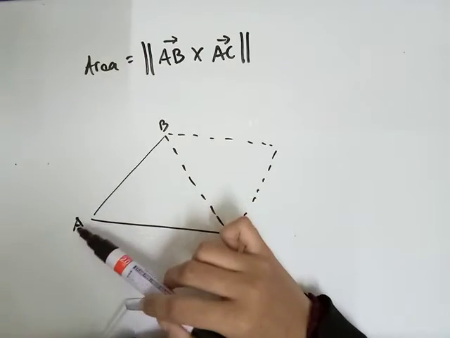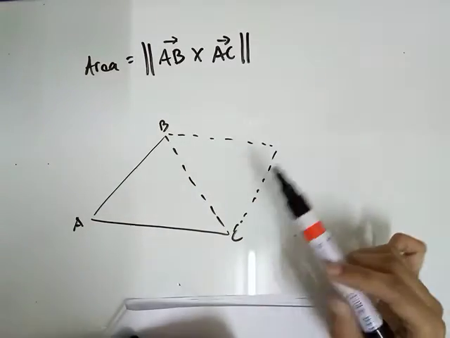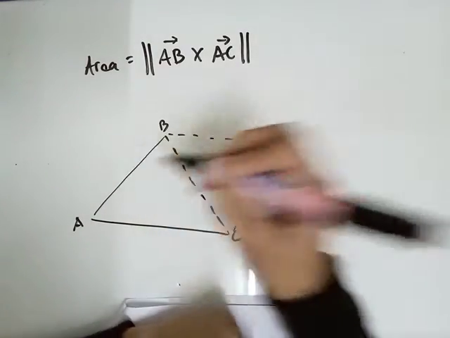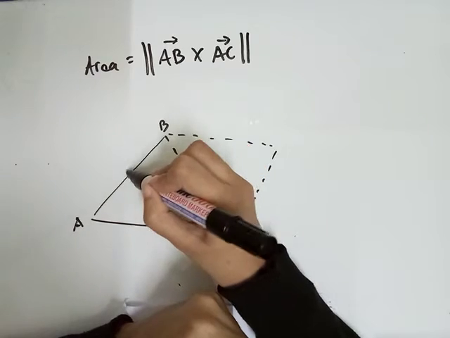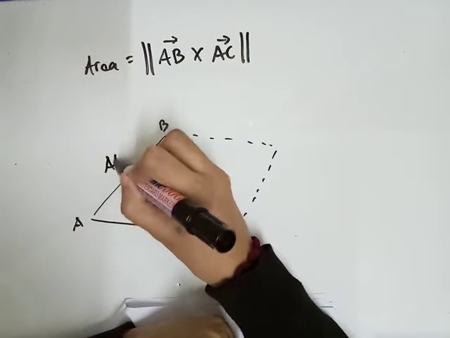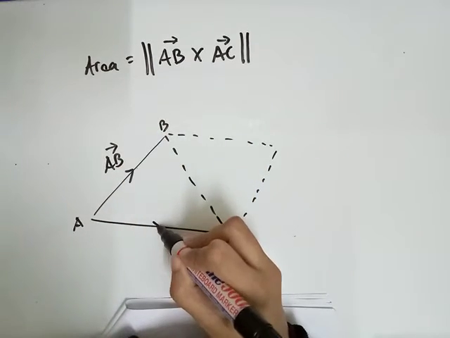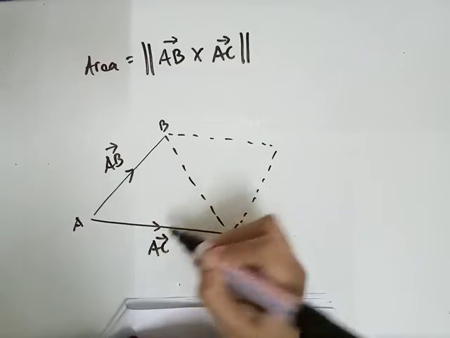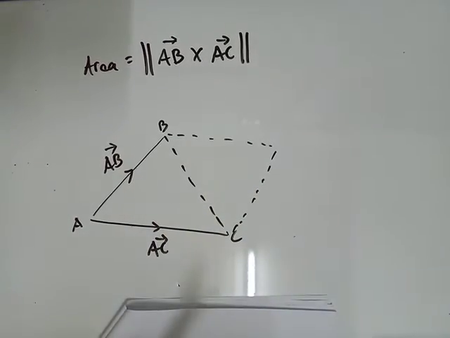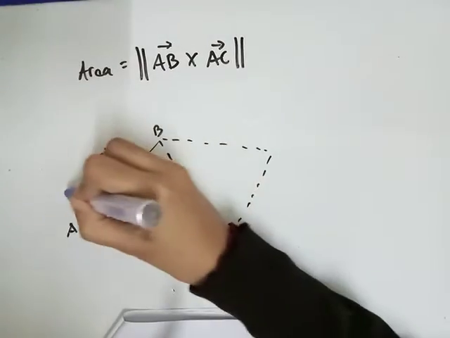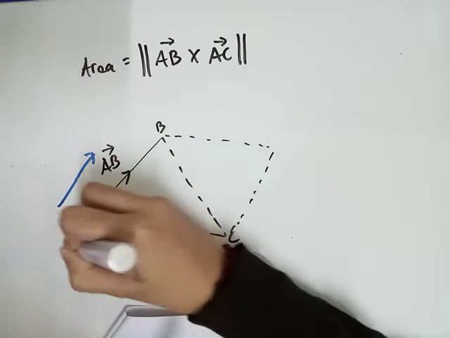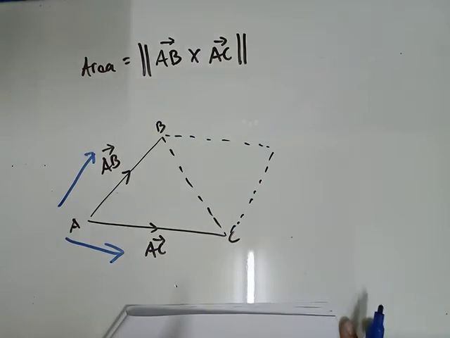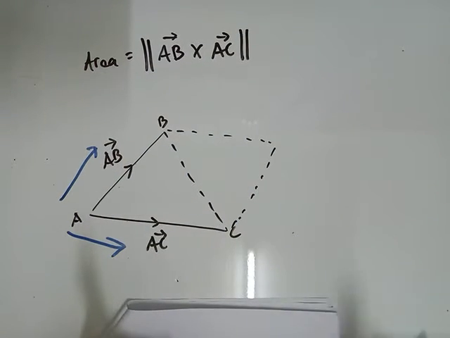But we have 3 points: point A, point B, point C. And then the adjacent sides: the adjacent side vector AB means here, and vector AC, the adjacent side means here. This we call adjacent sides.